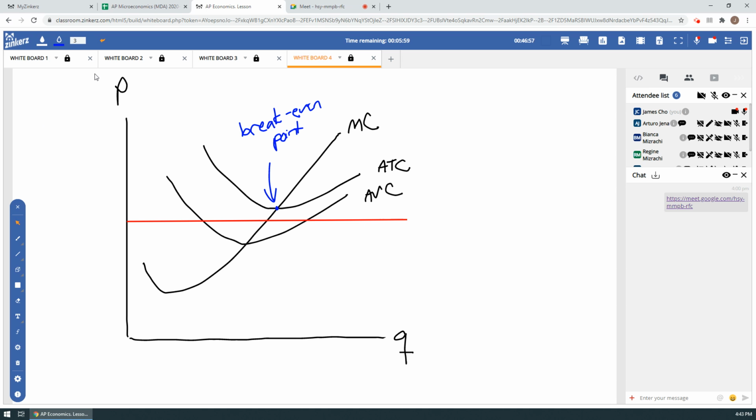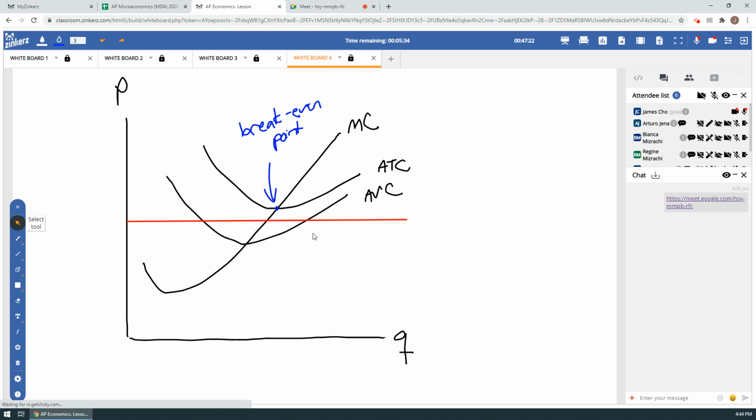You should produce because if I draw it out, your revenue box of this much is going to be bigger than your total variable cost box of this much. So it would be better for you to produce, lower your losses. You'll have some money after you pay off all your workers to pay for the rent.